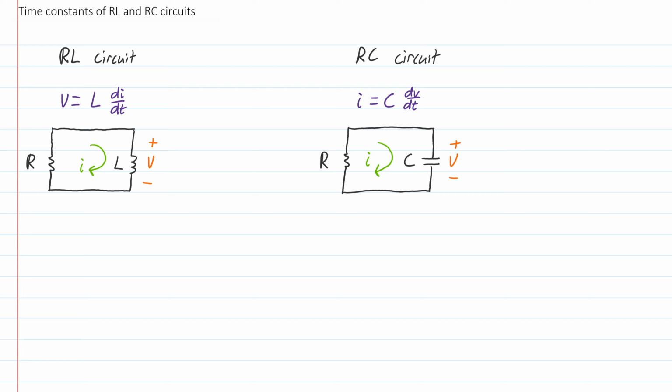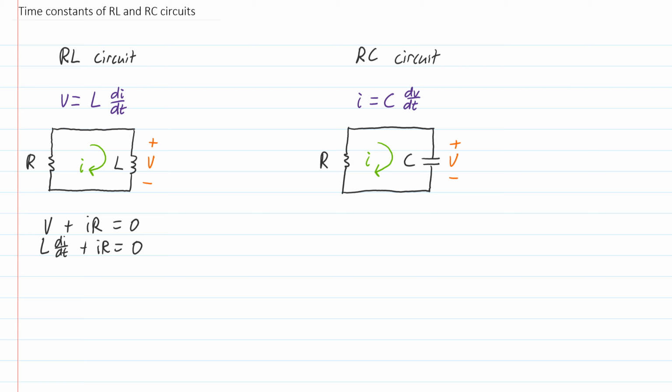Looking at the inductor circuit, the RL circuit, I can apply KVL around that loop, and I will get that the voltage plus IR is equal to 0. Then I can substitute in what I know about inductor dynamics and replace that voltage with L di/dt, plus IR is equal to 0.